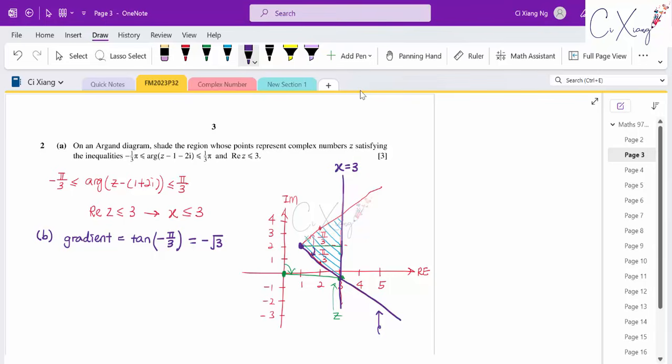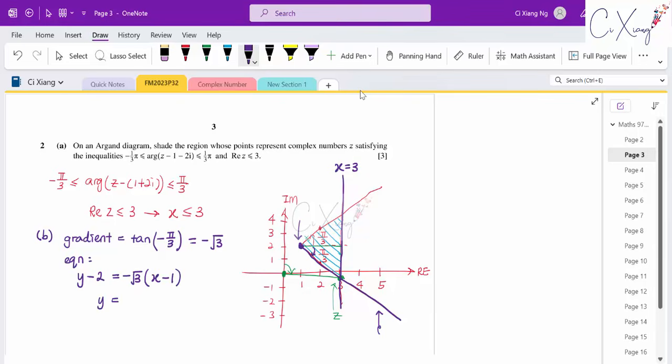Okay, and what is the passing point? This is the passing point for this linear line, and the coordinate for the passing point is (1, 2). To form the equation of the line, you can use the equation y minus y1, where for the passing point the y coordinate is 2, 1 and 2, right? So y minus y1 equals to m, m is negative square root 3, and then x minus x1, so x minus 1.